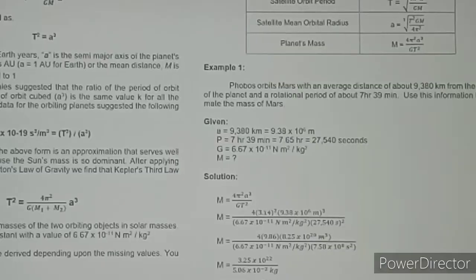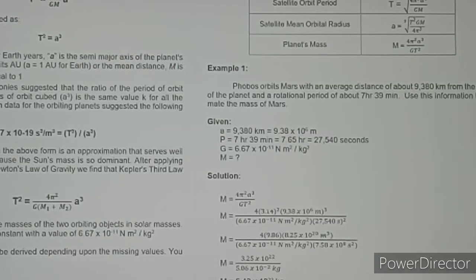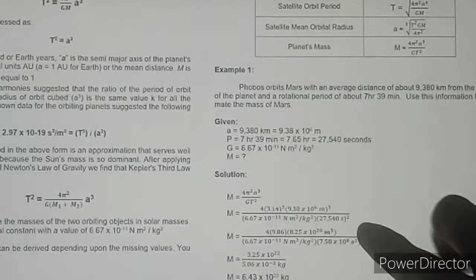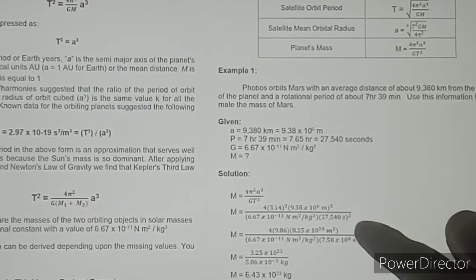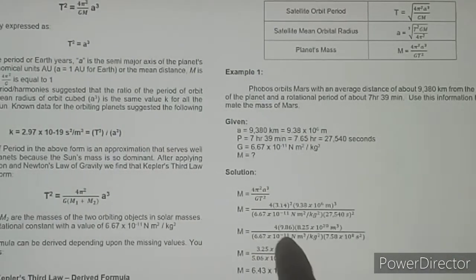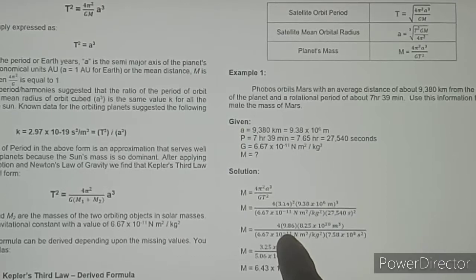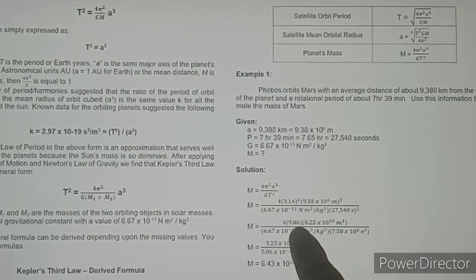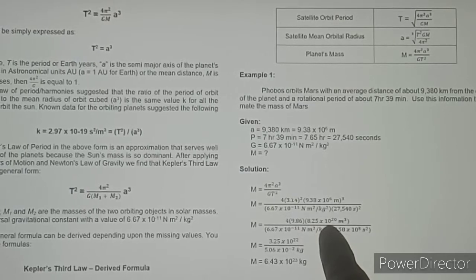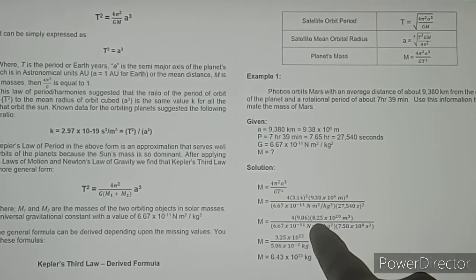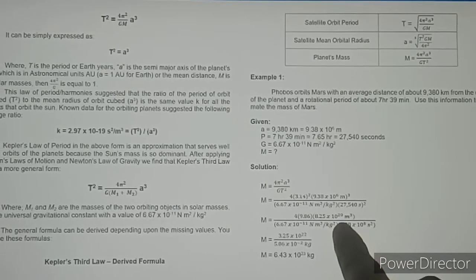So, in here, we have 27,540 seconds, and you also need to get its square. Once we get the square of the pi, which is 9.86, and then the cube of 9.38 times 10 raised to 6, which is 8.25 times 10 raised to 20.